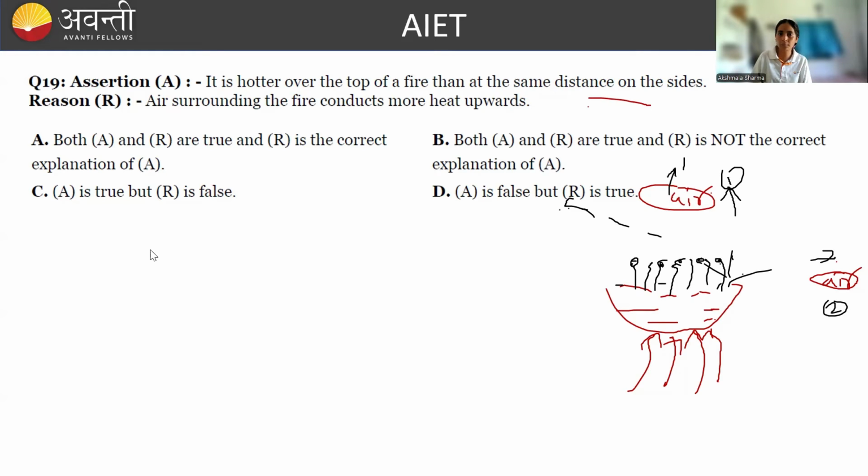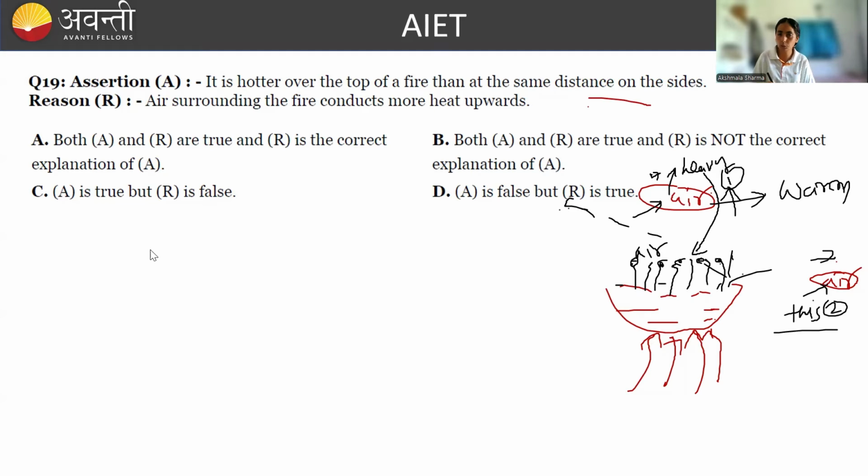So air above will be more heavy than air here. Because of gravity, this heavier air will fall down and this lighter, warmer air will go up. So here the environment will feel warmer. Through convection and radiation heat is reaching here, and here mostly because of radiation. So that's all the reasoning.